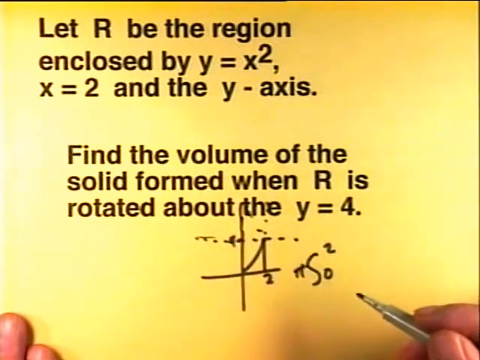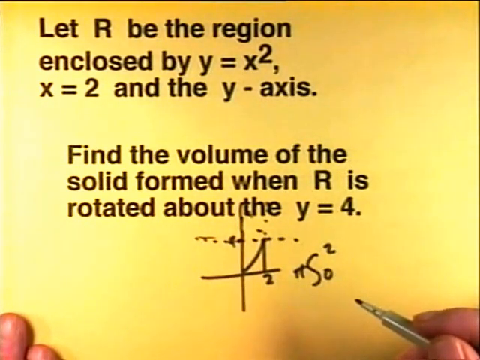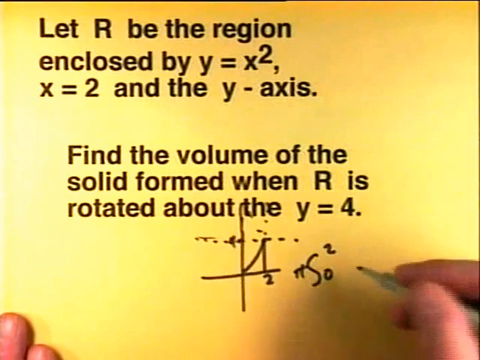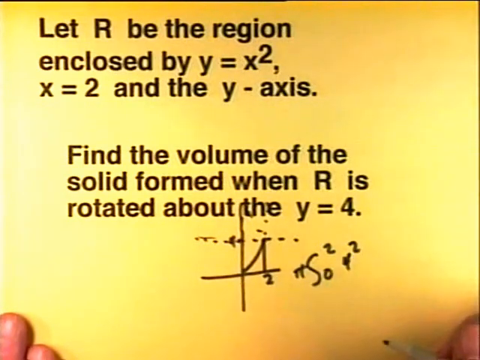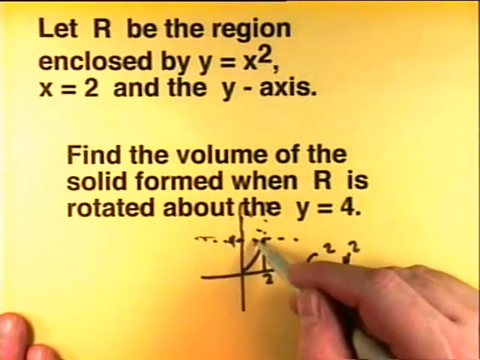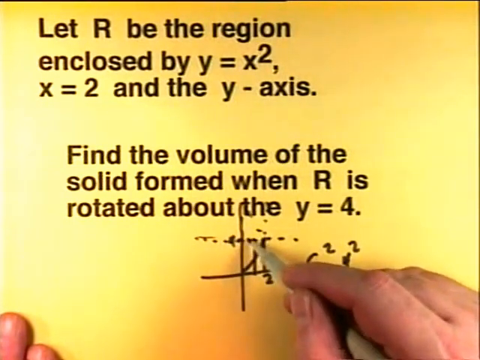So you take 4 squared, and then you're going to subtract x squared. The outside radius is right here, and the inside radius is here.